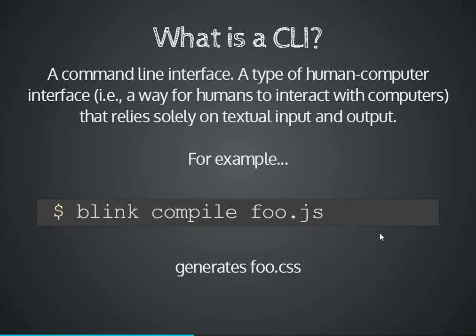For example, I'm going to talk about my side project later called Blink, but if I'm going to create a CLI called Blink, and I want to compile something, I would write blink compile foo.js, and the CLI would be able to digest that information along with any arguments you might pass in, process it and call the API internally. So if you want to make a little game or some sort of preprocessor or your own compiler, anything like that, you can use a CLI to do just that. In this case, blink compile foo.js would create foo.css.